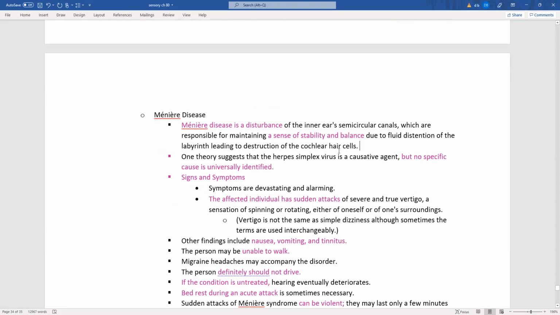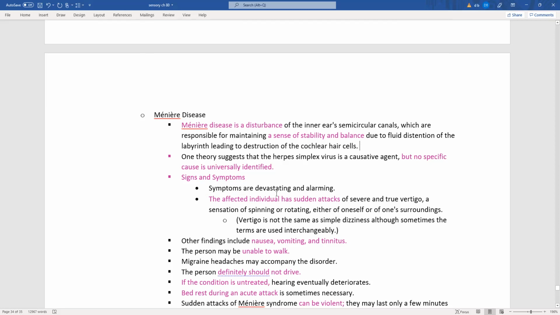I told y'all there are hair cells that when the noise hits the hair cells, they vibrate and do their little thing and go on into your ear with the smallest bones in the ear to help you hear the sound. One theory suggests that the herpes simplex virus is a causative agent, but no specific cause is universally identified with Meniere disease.